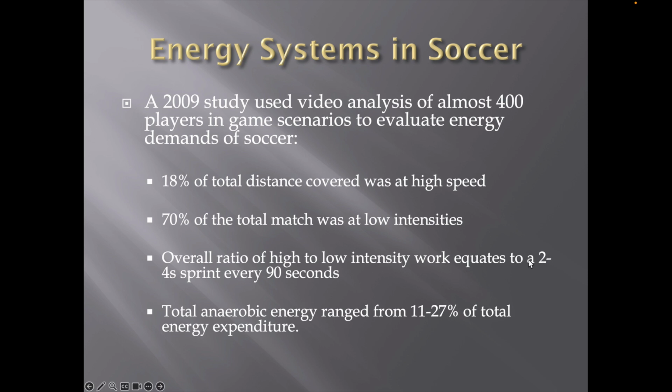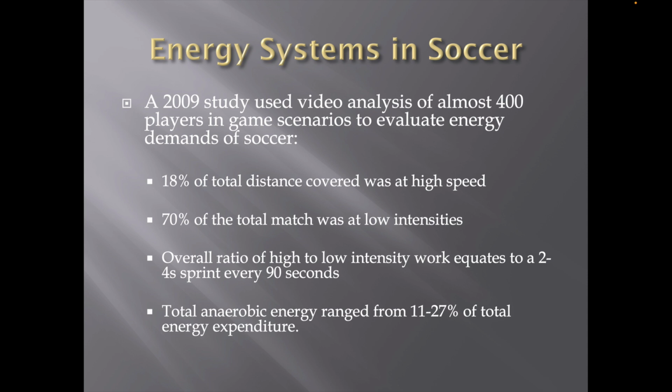Now, even though that's a very short amount of time at high intensities compared to low intensities, the amount of energy required to perform these short bouts of high intensity activity, the total anaerobic energy expenditure, was between 11 to 27% of the total amount of energy used.